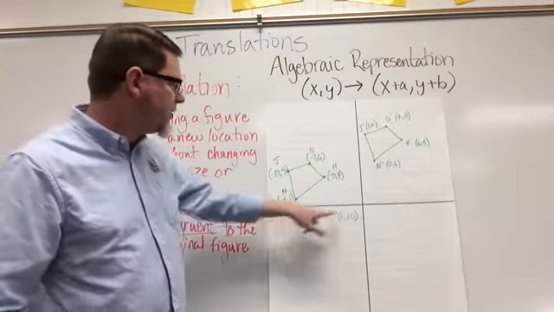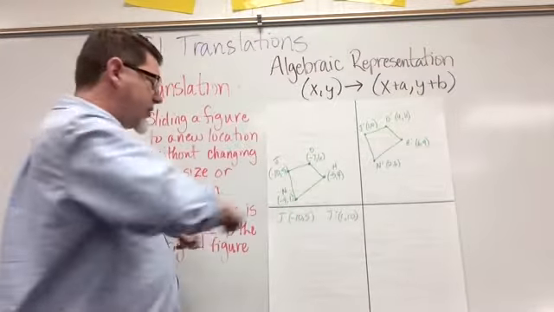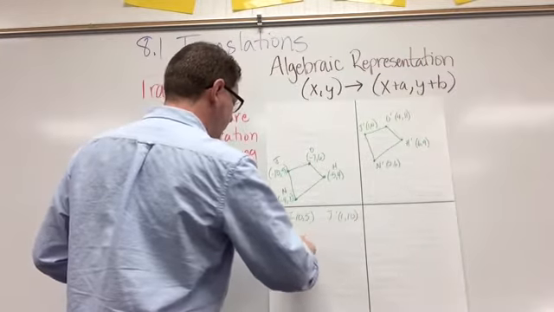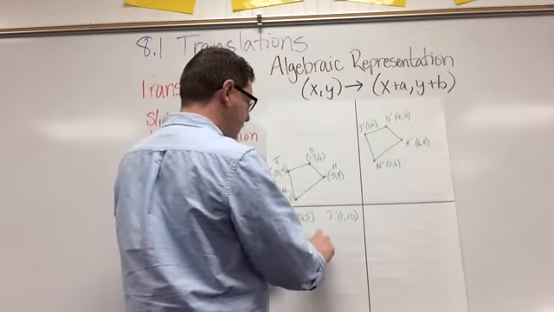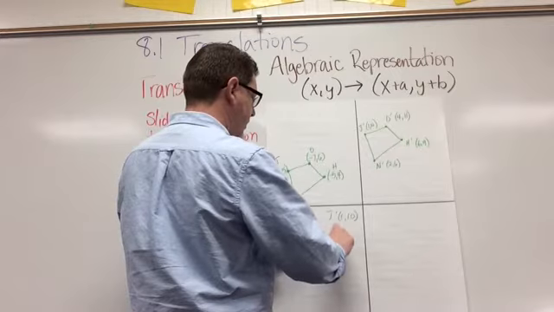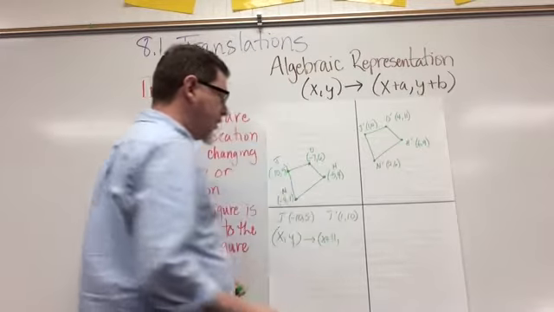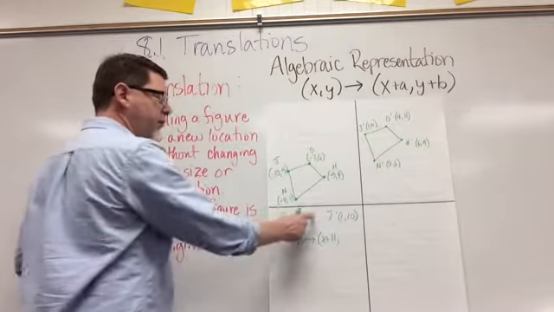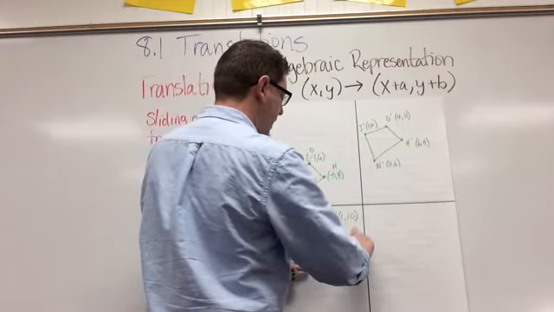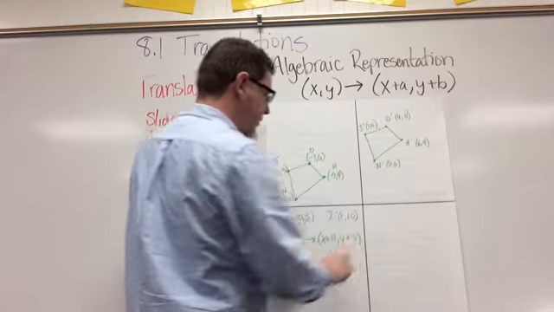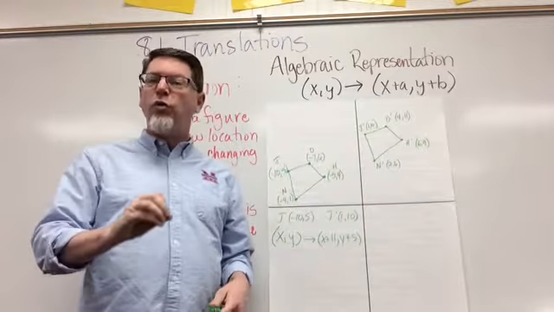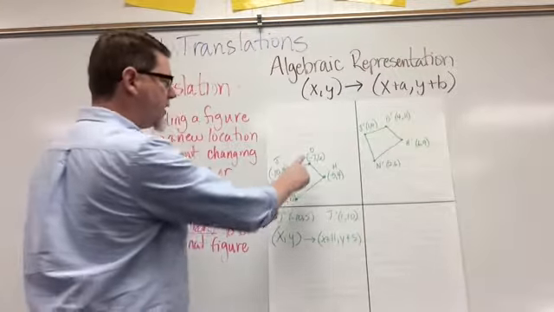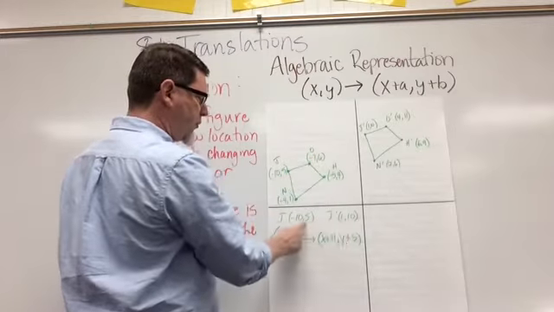If I went from negative 10 to 1, then I added, so I'm going to start my algebraic representation with the (x, y), and so the x is, I added 11. With the y's, I went from 5 to 10, I added 5. So there's my algebraic representation. Let's see if it works for O and O prime. What is negative 7 plus 11?